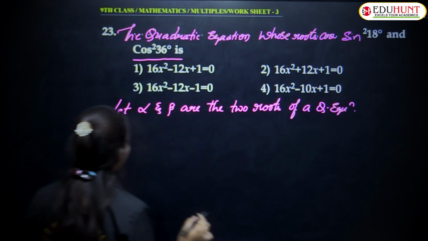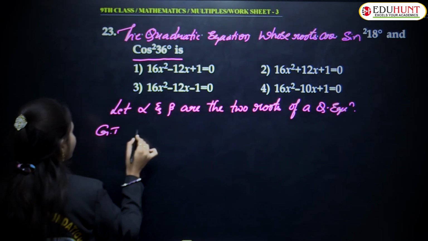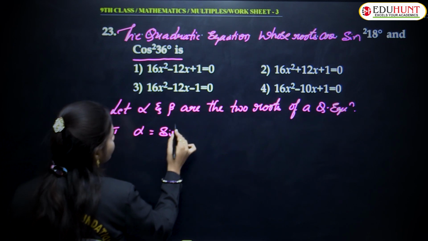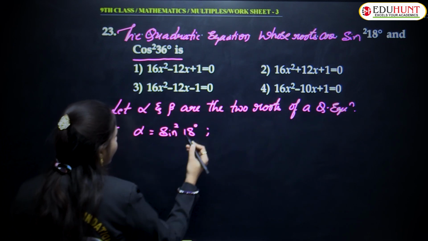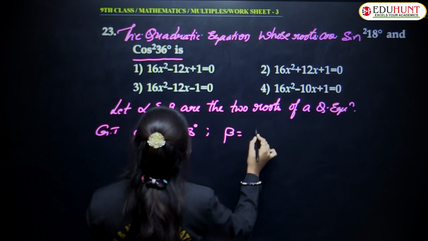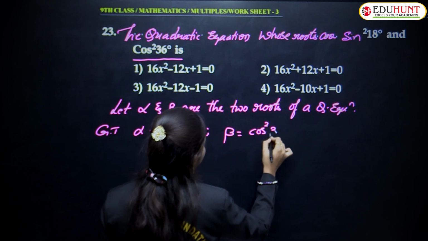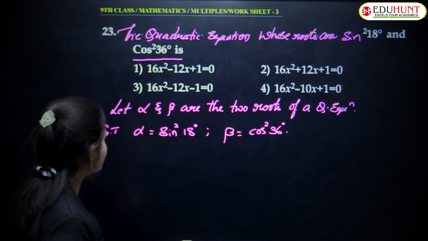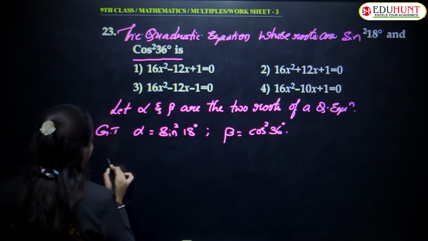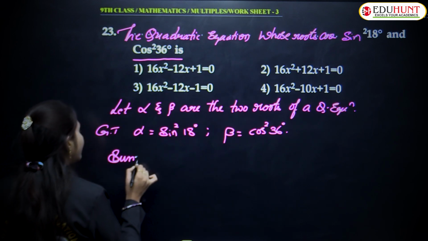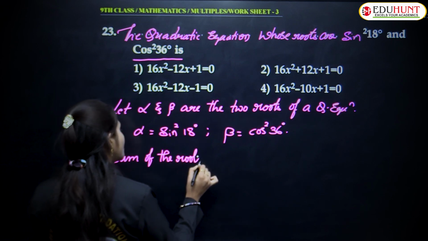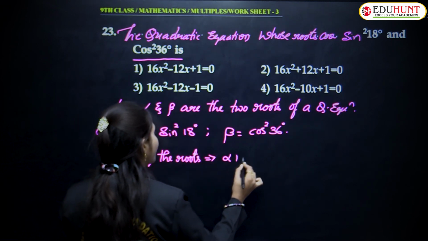Now here they have given one root alpha equal to sine square 18 degrees and another root beta equal to cos square 36 degrees. So alpha and beta values are given here. Now we need to find the sum of the roots. Sum of the roots means alpha plus beta.